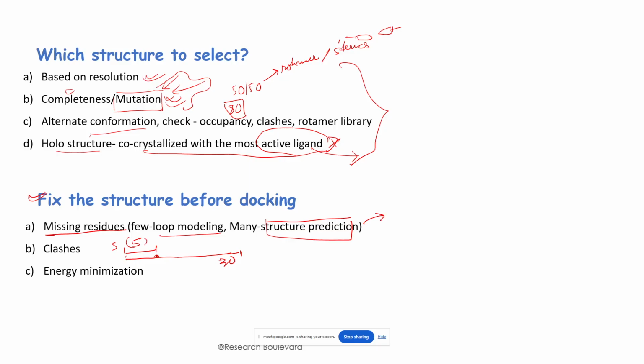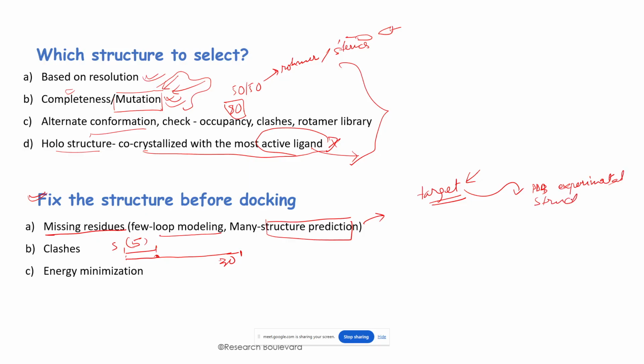Or in some cases you want to do docking for your target molecule, but the problem is when you search in the PDB database, you don't find the experimental structure.